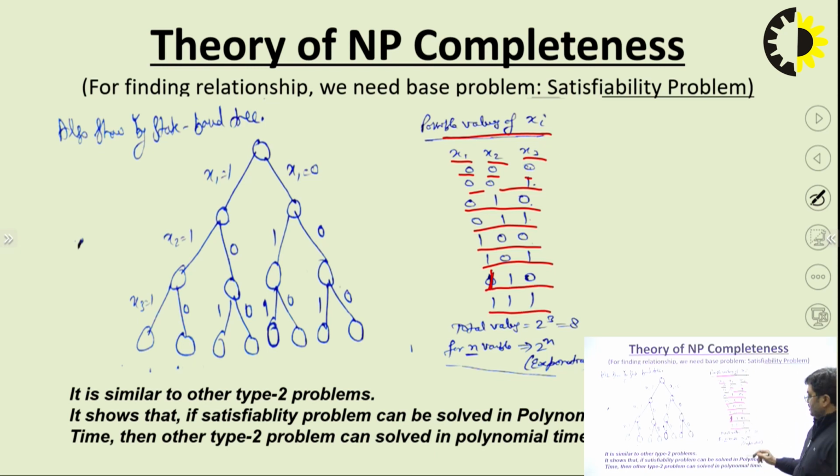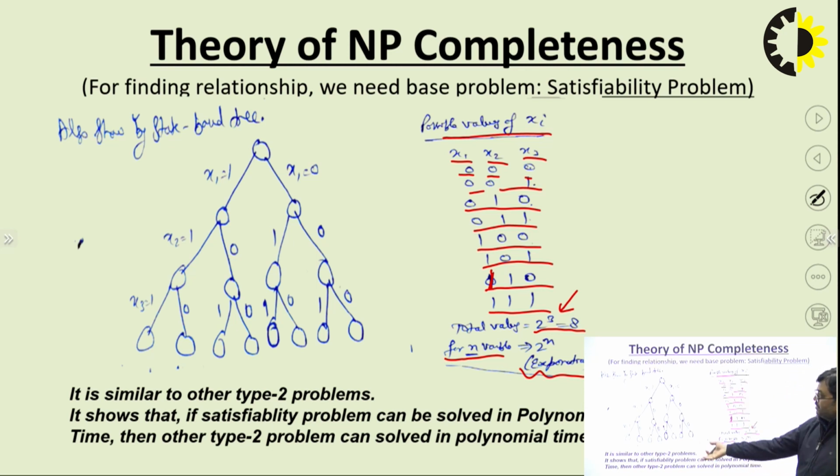Total possible values will be 2 raised to power n, means 2 raised to power 3, because n is 3, so total possible values are 8. For n variables it will become 2 raised to power n, again exponential. So we can say the satisfiability problem is similar to other type 2 problems.